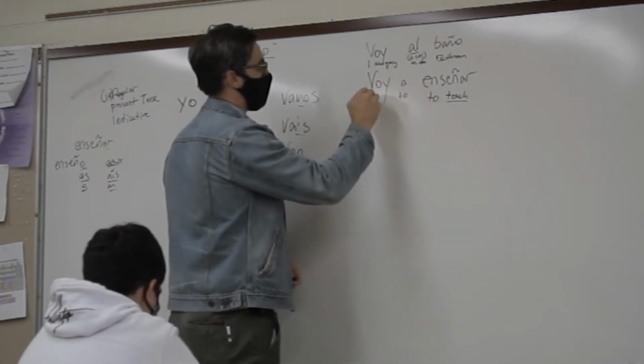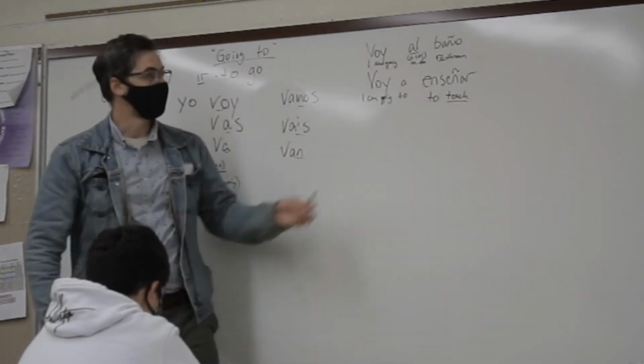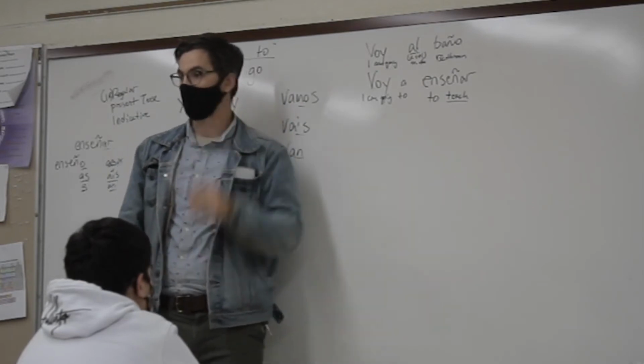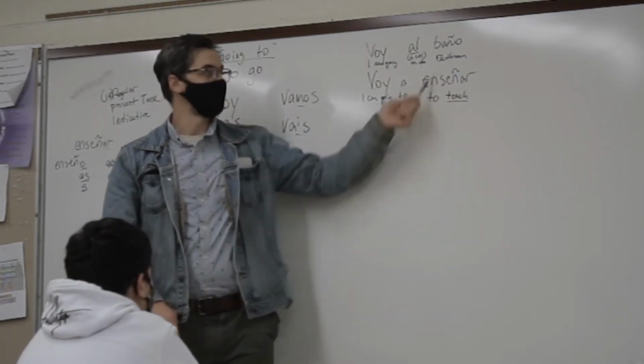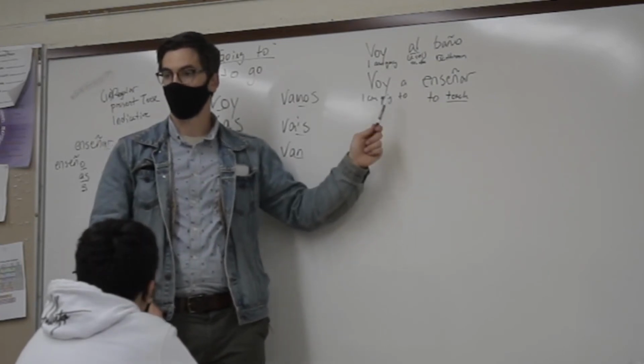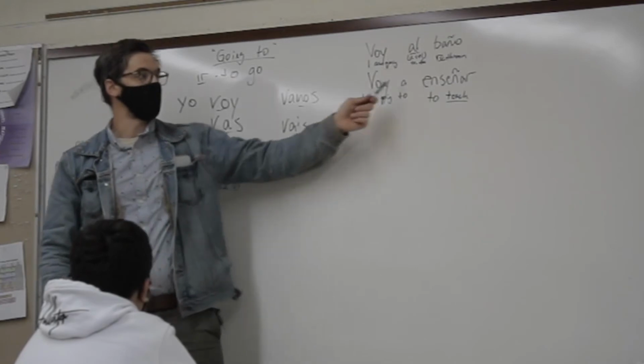So I am going to teach. It might seem a little redundant because to is kind of in there twice, once in the infinitive and once in the word, but you do still need to include the word when you're using the verb ir with an infinitive.